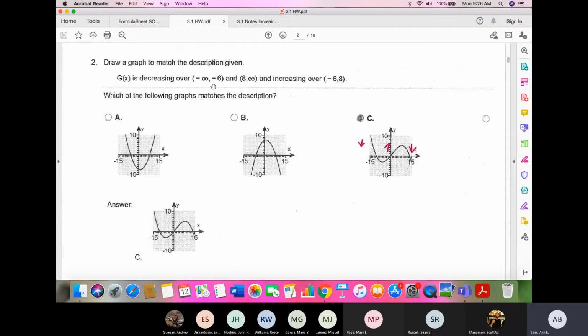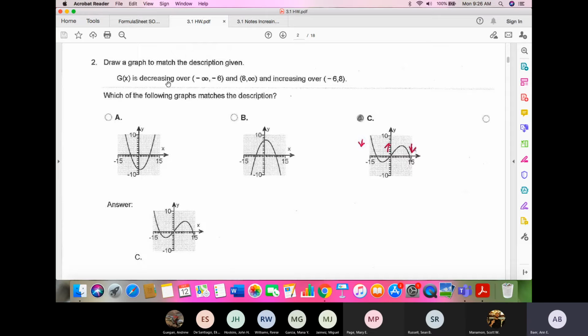So this one is decreasing from negative infinity to negative 6. And then at negative 6, it starts increasing all the way to 8. And then at 8, but not including 8, because these parentheses mean the endpoint is not included, it's decreasing again.